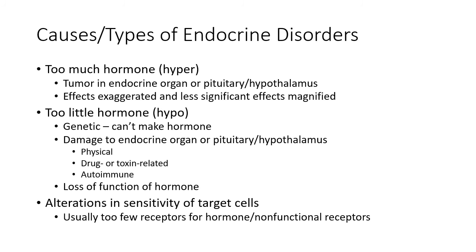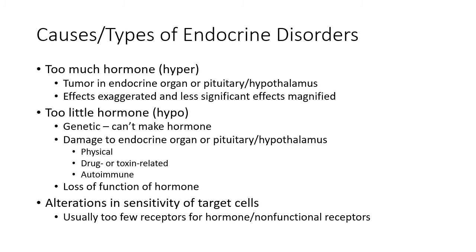Second, you could have had some type of physical trauma or other type of damage to the endocrine organ that should be making the hormone, or to the anterior pituitary gland or the hypothalamus. So that could be physical damage, or that could also be something related to a medicine side effect or a drug or toxin that you were exposed to, or it could also be an autoimmune problem where your immune system itself is attacking that organ and damaging it.